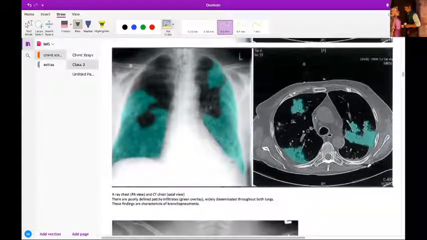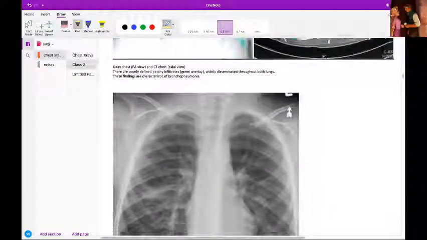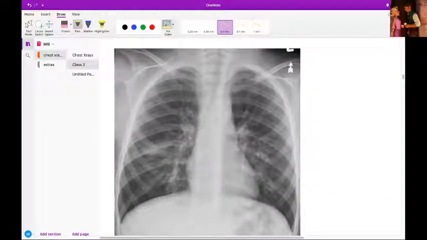So that's bronchopneumonia. Okay, so over here, where do you think the lesions are? It's a little bit hard, I guess. In this X-ray, where do you think the lesions are?